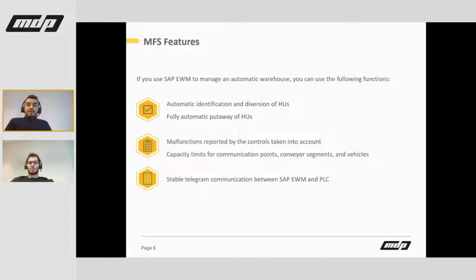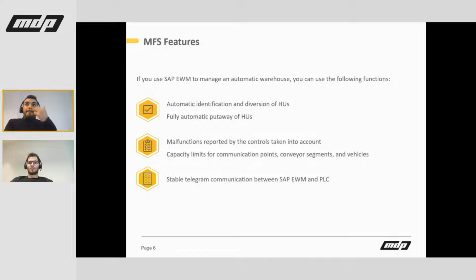The features of MFS include automatic identification and diversion of handling units, so using scanners on automatic storage removal facilities, and HUs that cannot be stored directly using diversion techniques. Fully automatic processes are possible in MFS.